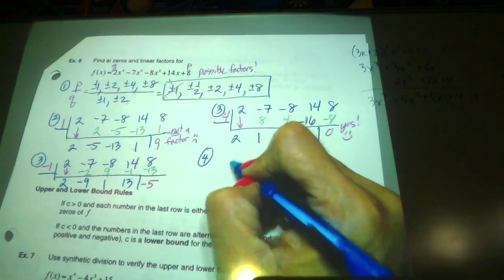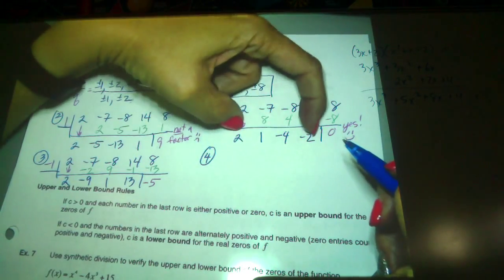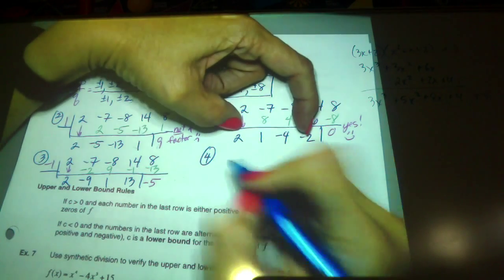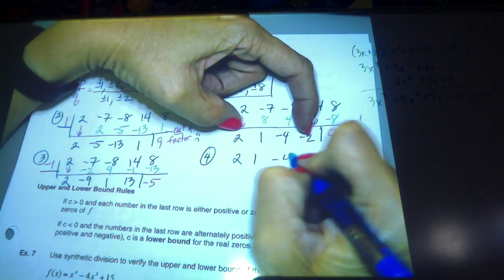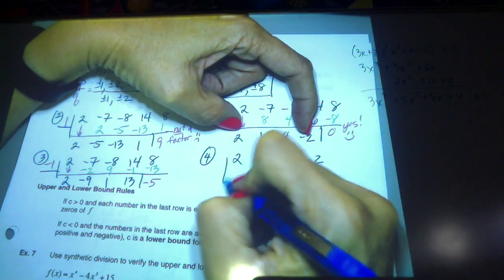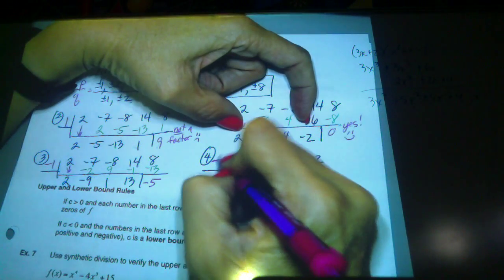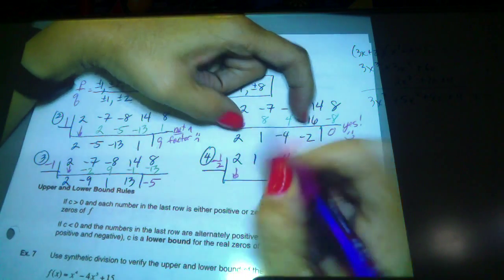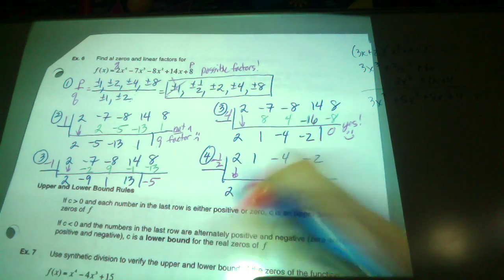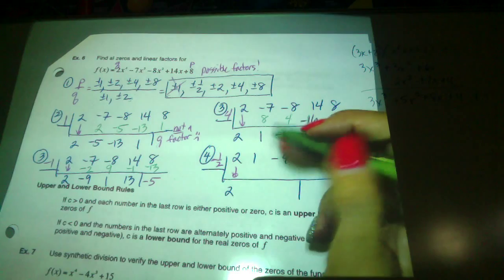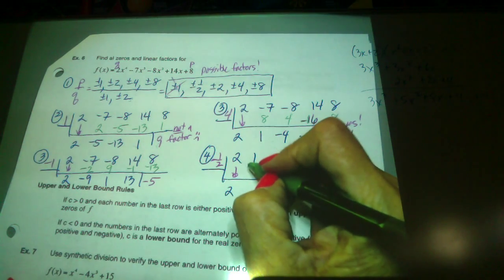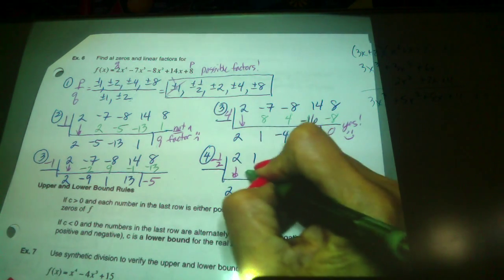So we're going to start with 1/2. And I'm going to start from here because I did pare it down and got a 0. So I can now start with 2, 1, negative 4, negative 2. So we're going to throw in negative 1/2, bring down the 2. What is half of 2? 1, and it's a negative 1.